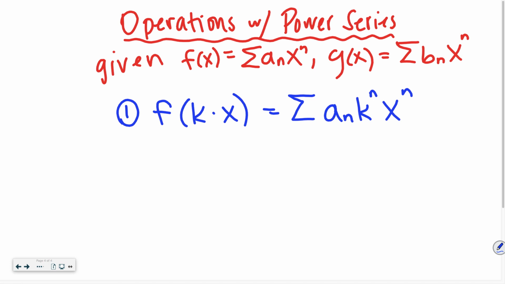If something's multiplied inside, you can apply it. It would get the power because it's with x. Really, it'd be kx to the n, but they've separated it out. Really, we could plug kx in for x, so it would be kx to the n, but they separated it out.